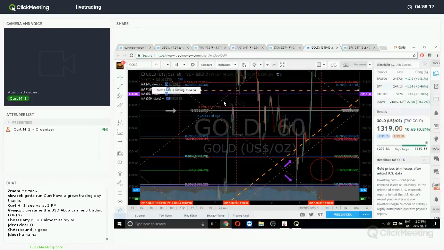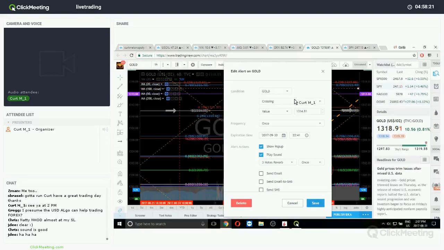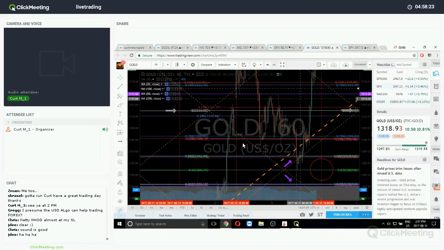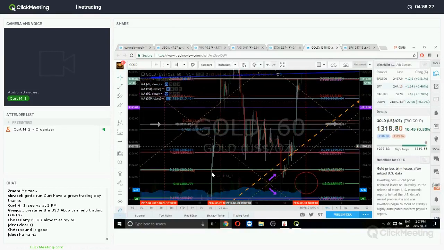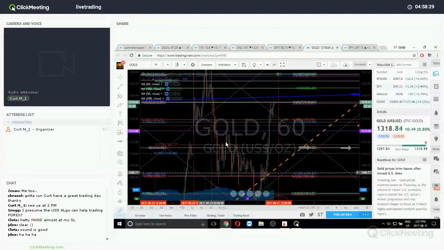Then you also end up with what I call grays, which give you wider range support and resistance, and that's incredibly predictable. If you always want to win and just never lose, go to our algorithm models, go to the gray lines, these ones, and use them as your trade for support and resistance.